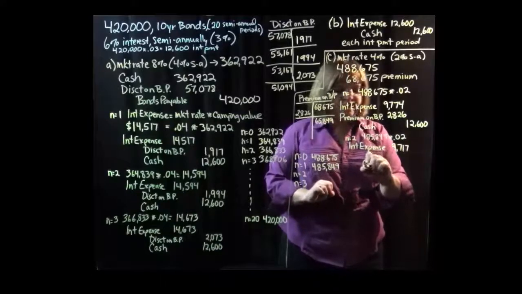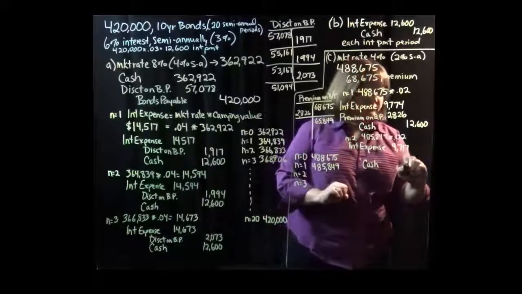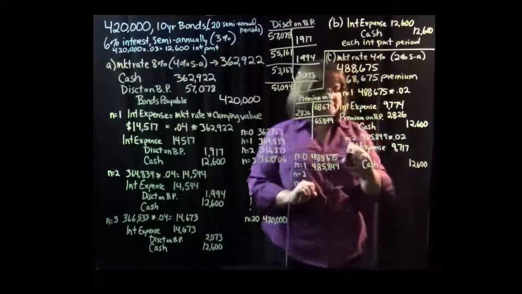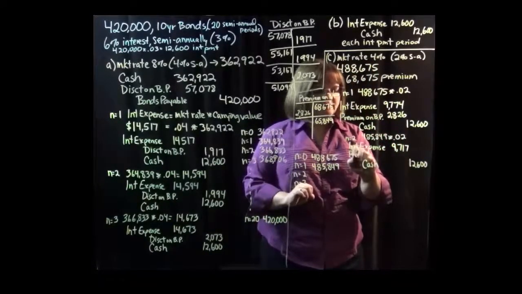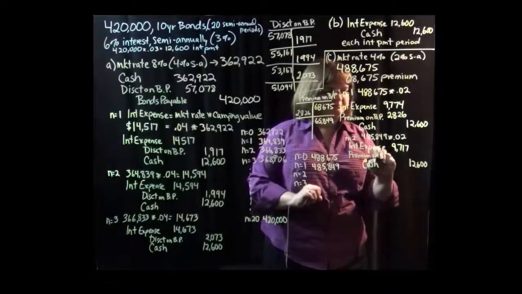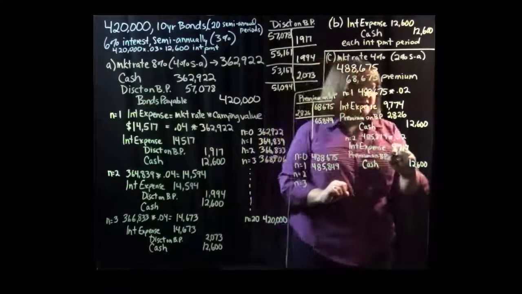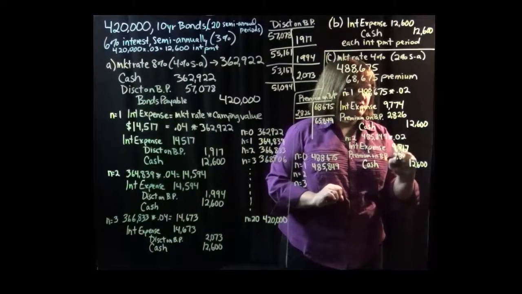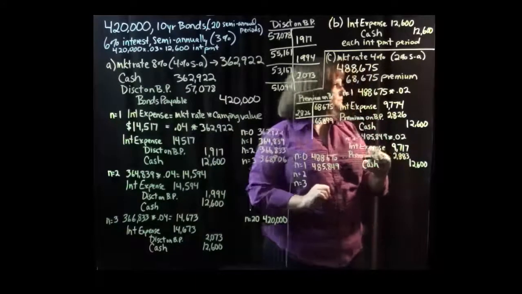We still have to pay cash in the amount of $12,600 according to the face of our bond. The difference then is going to get debited to the premium on bond payable, and that amount is going to be $2,883.